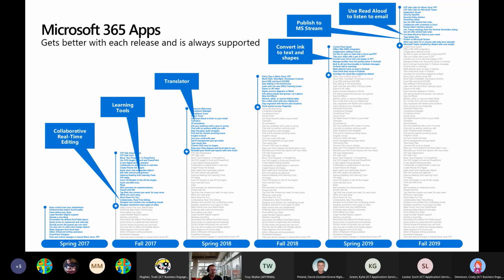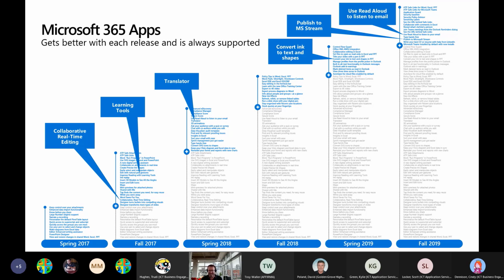But you look at the mountain of features that you've got by fall 2019 that you wouldn't have if you'd installed Office 2016. There's a bunch of extra features that have been released since then, but some of these are critical to the educational experience. So if we just look at things like Translator, for example, turned up in 2018, you wouldn't have that if you had Office 2016.